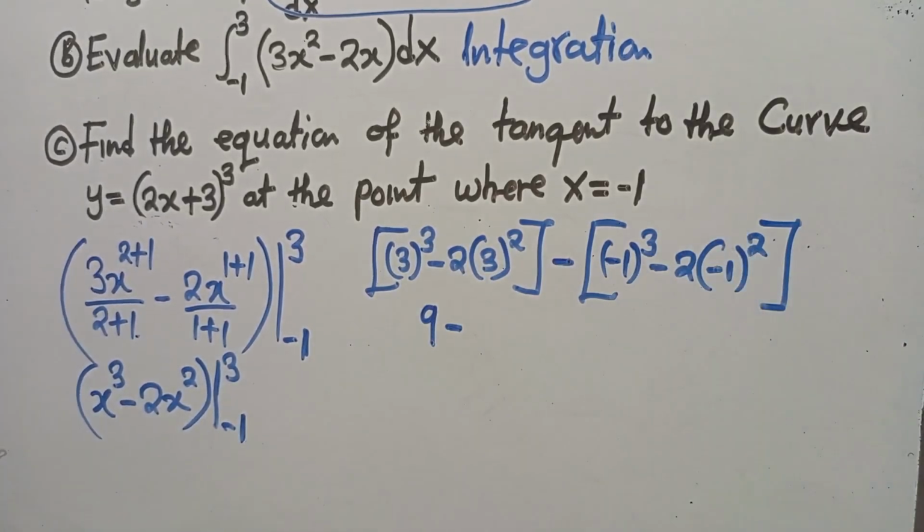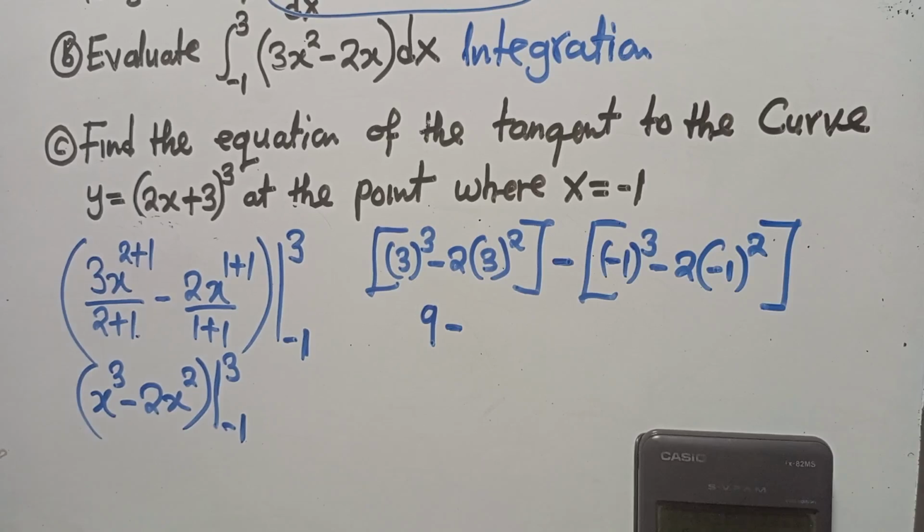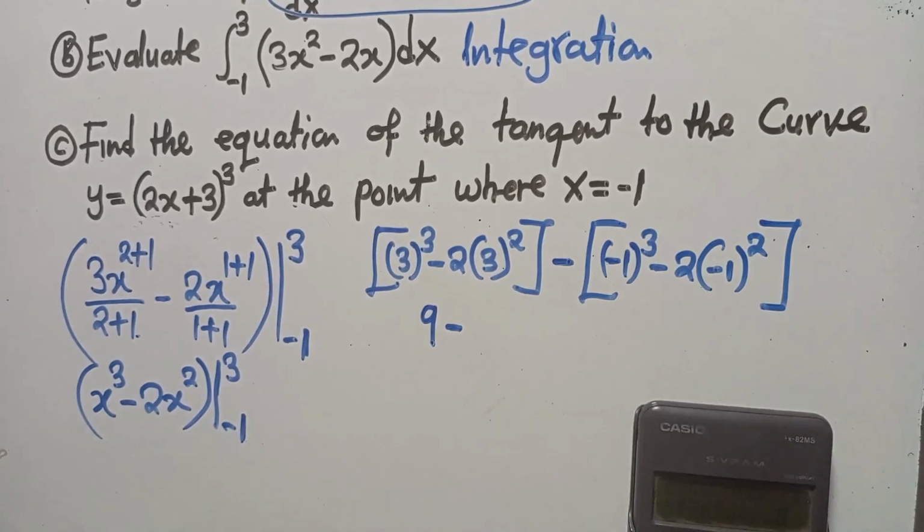I go to this part. You can use a calculator. So I say open bracket, negative 1 to the power 3 minus 2, open bracket, negative 1, then there is a square there. What answer am I getting? I'm getting negative 3 there.